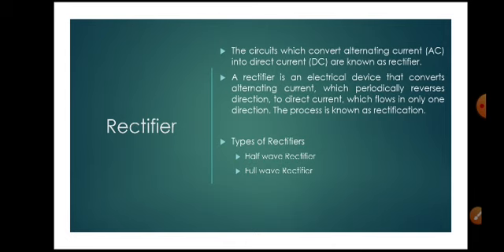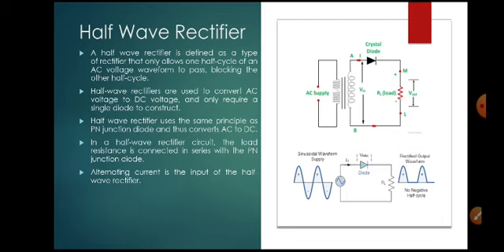So the rectifier, this PN junction diode, can convert alternating current into direct current. The process is known as rectification. Here we have two types of rectifiers. One is a half wave rectifier and another one is a full wave rectifier.